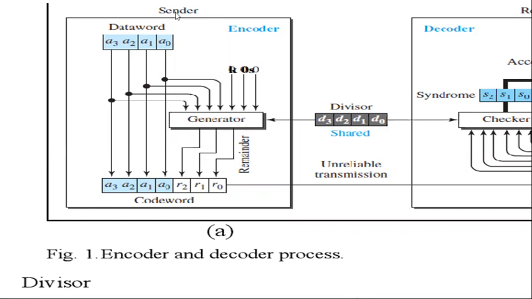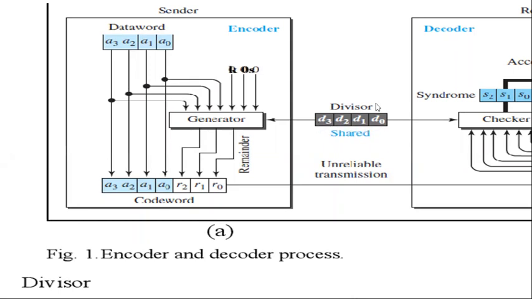On the sender side, as you see, we have the encoder, and the encoder takes the data word. If we have a 4-bit word, then the bits are written as A3, A2, A1, and A0, and those bits are passed to the generator, and we are adding 3 additional zeros, and we are giving a divisor D3, D2, D1, and D0.